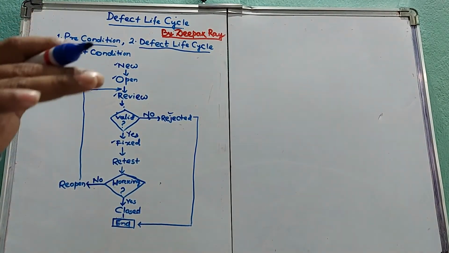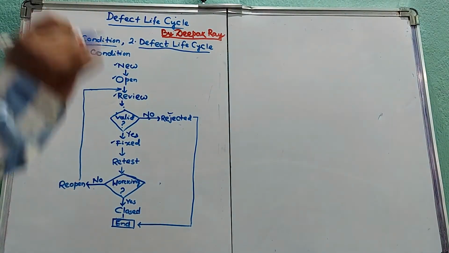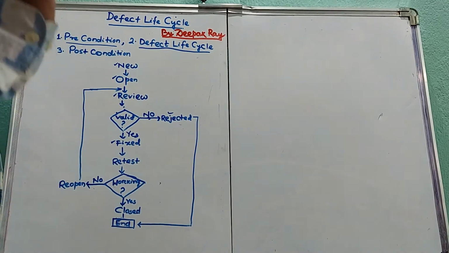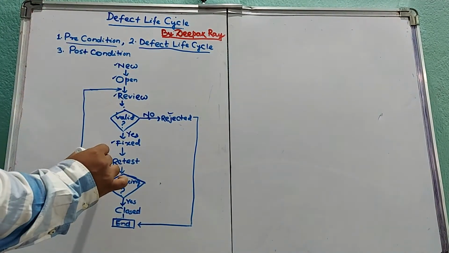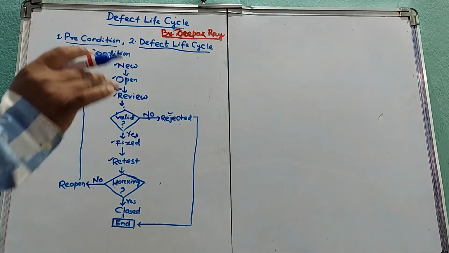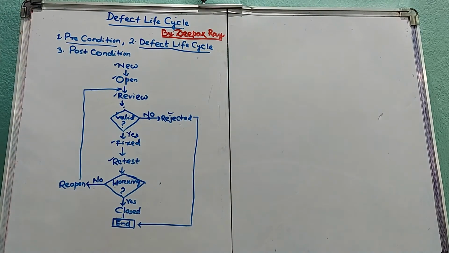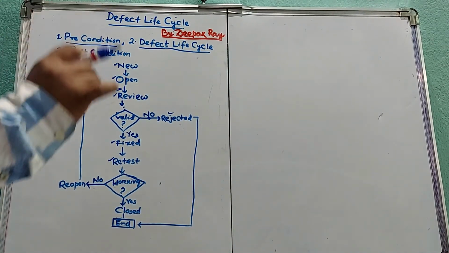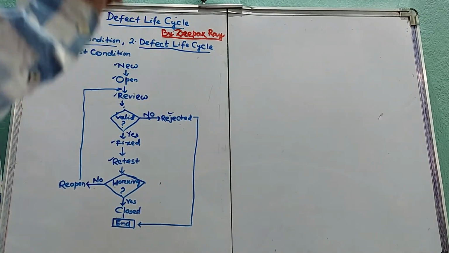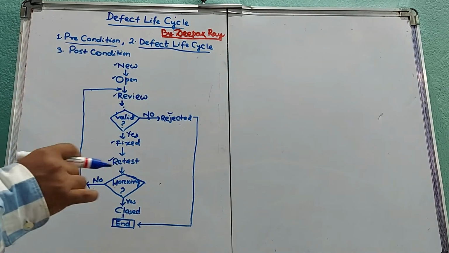If he finds that the fix is working fine in the development environment, he will move the defect to the testing environment, change the status of the defect to retest, and assign the defect to the tester. That means during retest status, the developer moves the code from the development environment to the test environment after fixing and assigns the defect to the tester who raised it, to retest it.